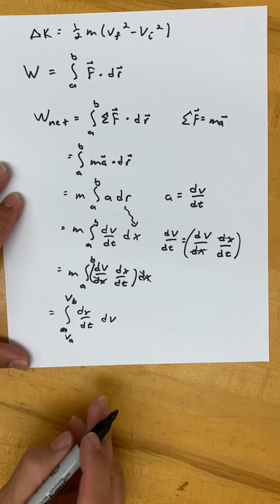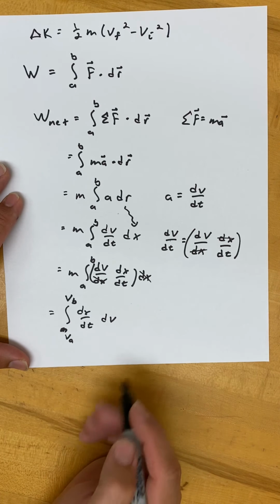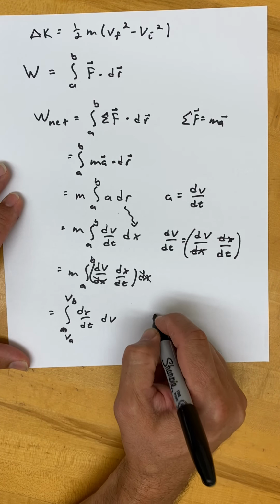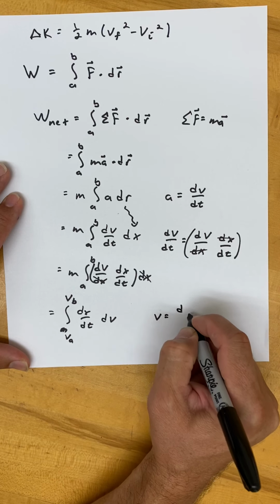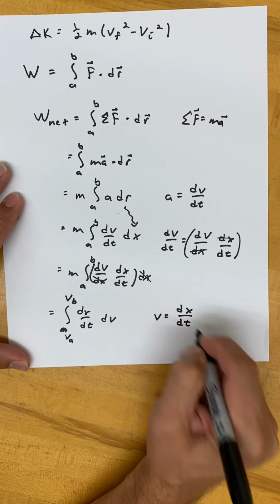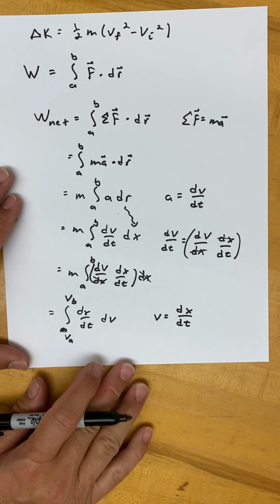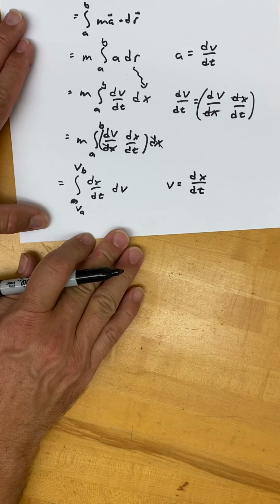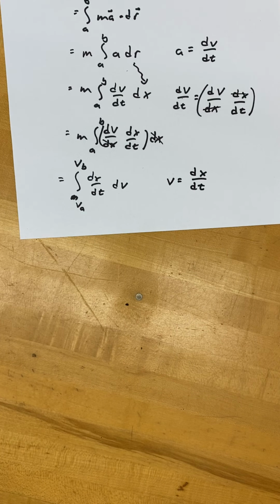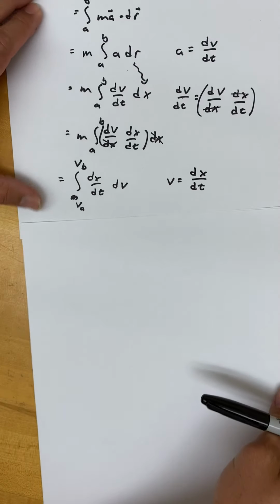Okay, we're almost done here. dx/dt, let me remind you, is just the definition of velocity, the time derivative of position. I'm going to move this up because I need a little space, and continue here.